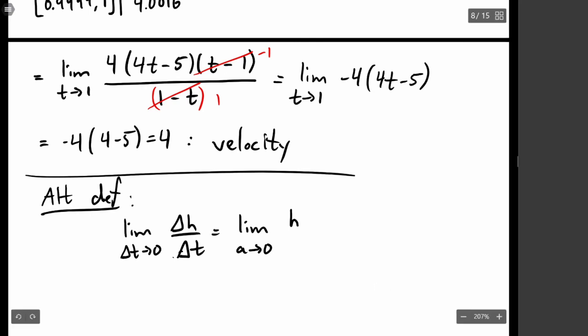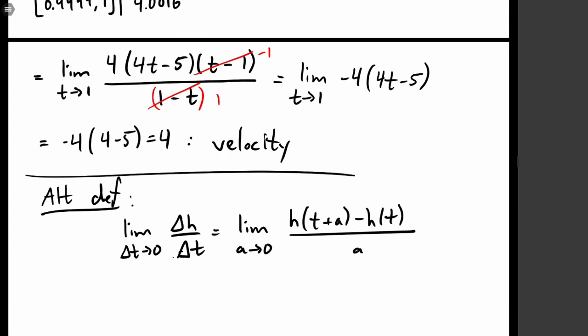Let's call it a. This would be h of (t plus a) minus h of t, I'll leave the t here, over a. So this t here should be whatever value you're trying to compute the instantaneous rate of change at. Okay. So hopefully that makes sense there, and we'll talk some more about this a bit later.